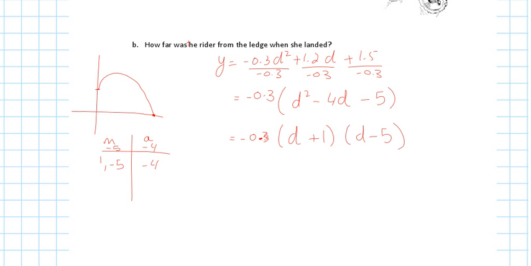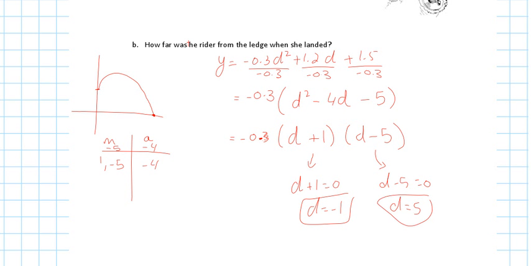So what are your zeros? 5 and negative 1. So d equals negative 1 and d equals 5.